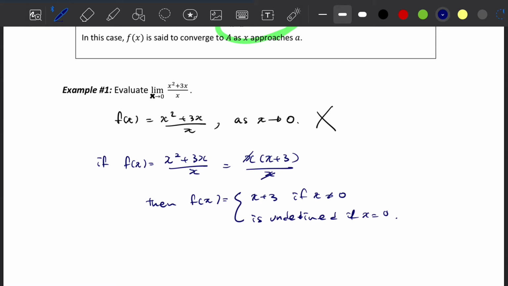So the graph of the function f of x is therefore a line with a hole at 0, and we can say the limit as x approaches 0 of x squared plus 3x over x is 3. The good thing about limits is that evaluating them requires some more advanced mathematics, but we will actually just learn rules for the various types of functions, and that's it.